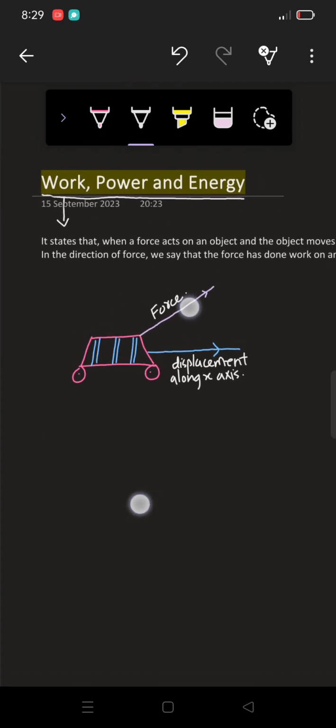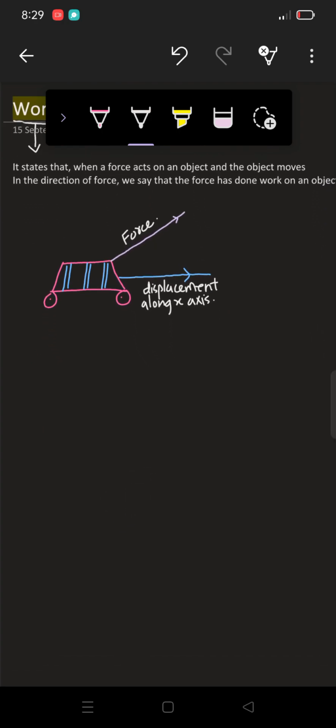Now, as I have written here, we have to apply a force and a body has to cover the displacement in the direction of force. Either we can take the component of displacement in the direction of force, or I can take the component of force in the direction of displacement as well. So here I am going to take the component of force in the direction of displacement.